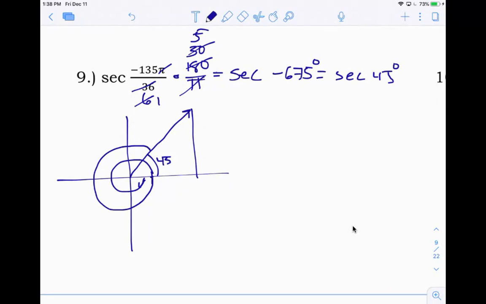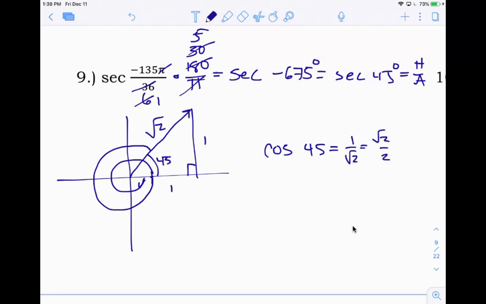Cool. Now it's 45, so I know it's got sides of 1, 1, root 2. Luckily, first quadrant, no negatives. Okay, good. So no negatives there. I need secant. Secant doesn't have a co in it, so I'm going to need the cosine, which would be adjacent over hypotenuse. In other words, I need hypotenuse over adjacent. If you didn't quite catch that, I need cosine of 45, which would be 1 over root 2, aka root 2 over 2.